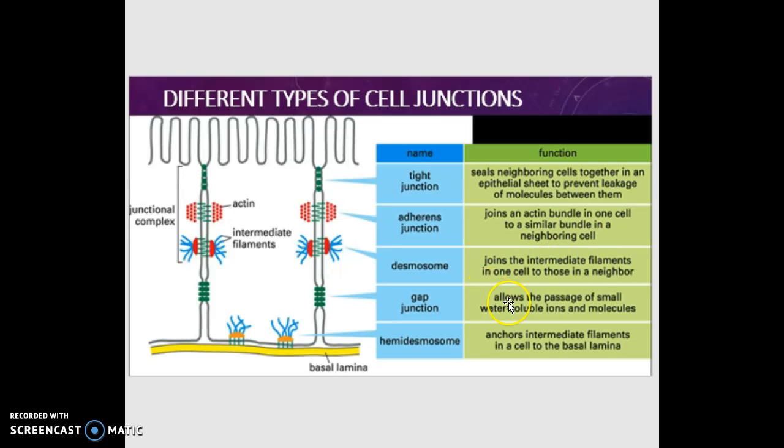Gap junctions allow the passage of small water molecules in order to enhance that bond within those neighboring cells. And hemidesmosomes allow for the bounding to the basal lamina using intermediate filaments.